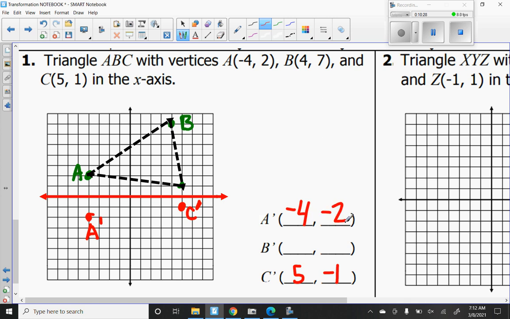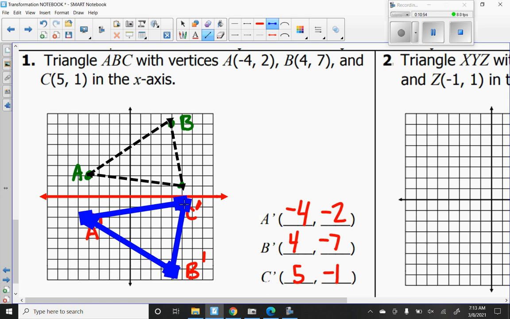And then B, which is 4, 7. So now it's going to be 4, -7, down 7. 1, 2, 3, 4, 5, 6, 7. And there is my image for B. All right. And then there is my new triangle.